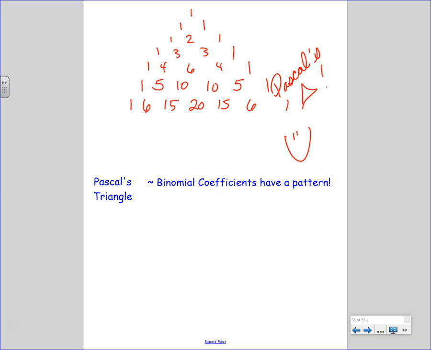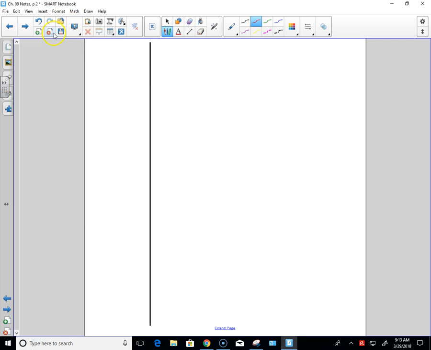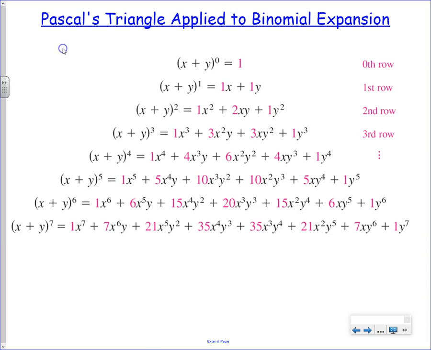The pattern is great, and it's great if I'm doing any binomial to the 3rd power, 4th power, 5th power, 6th power. But what if I was to ask you a question? Oh, sorry. Let me show you the pattern with all the variables in there. You don't have to write this down. Let me get rid of this page really quickly because we don't need it anymore. You don't need to write this whole thing out necessarily, but understand what's going on.